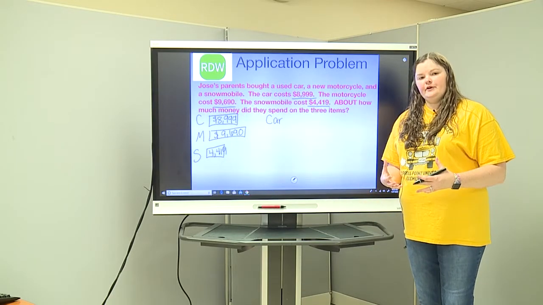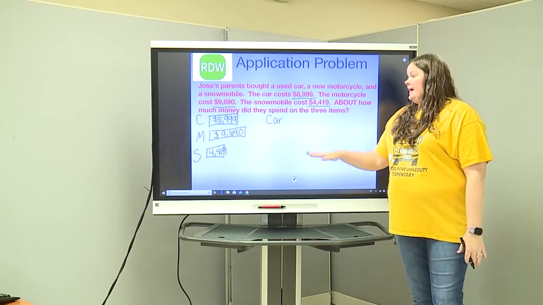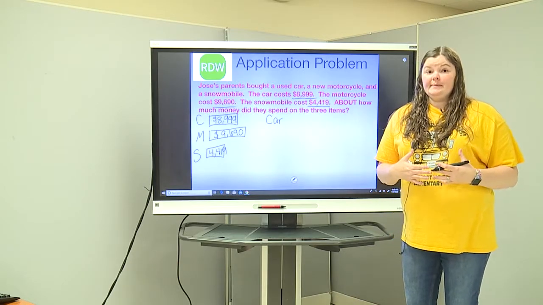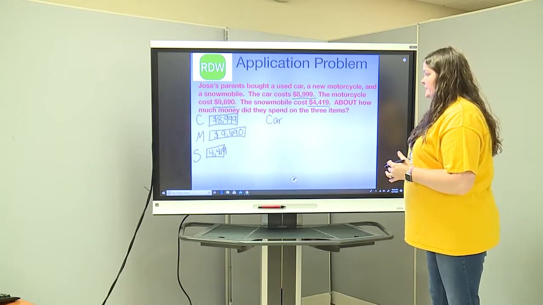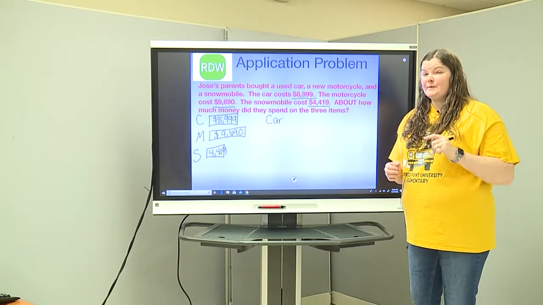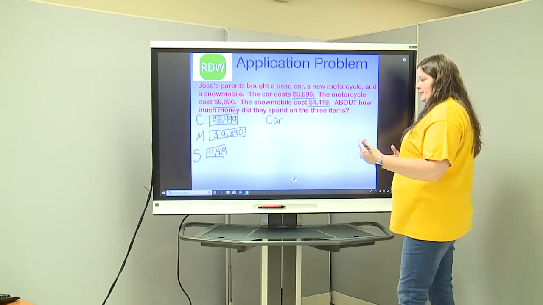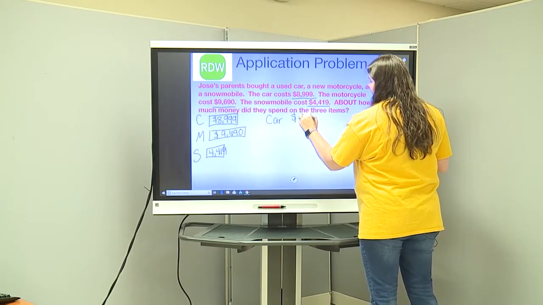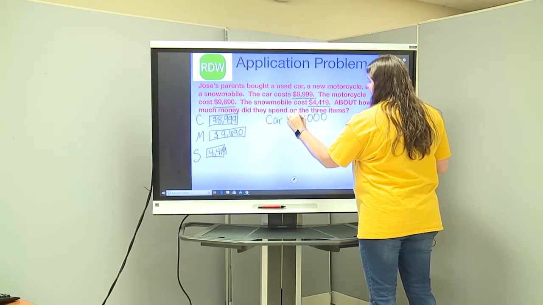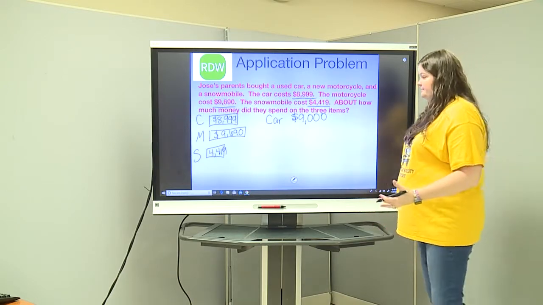We want to take out that vertical number line and use what we already know about rounding numbers and find out what that estimated total would be. So the car, the real price is $8,999. That's pretty close to $9,000. It's $1 difference. So that car is about $9,000. We can just round that and say it's about $9,000.